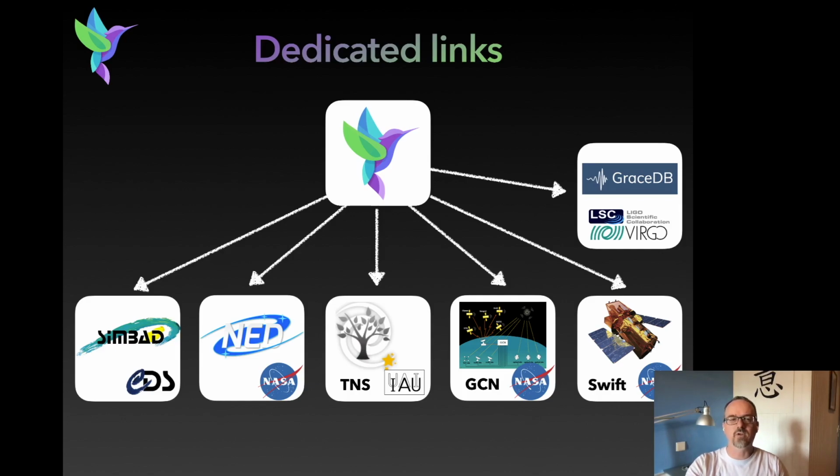Gravitational waves also have their own database called GraceDB, which is filled by Virgo, LIGO, and KAGRA and provides detailed information about detected gravitational wave events. For events detected by the Swift satellite, we also point directly to the online analysis tools and first results from the Swift BAT and the Swift XRT instruments.